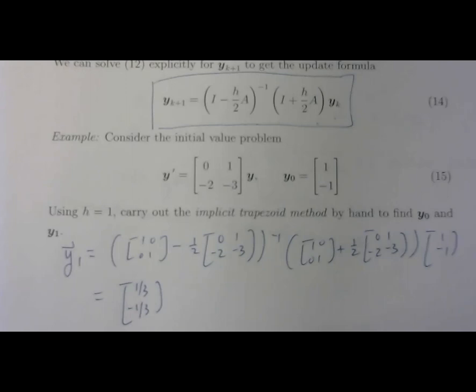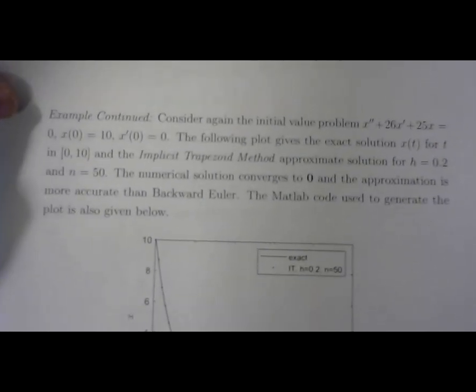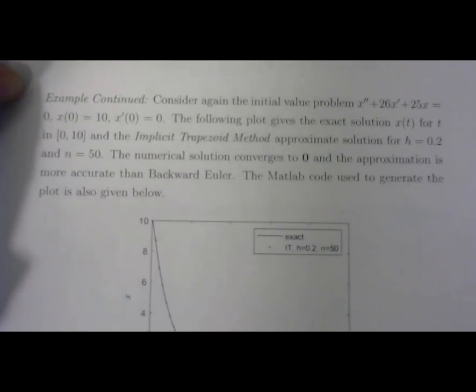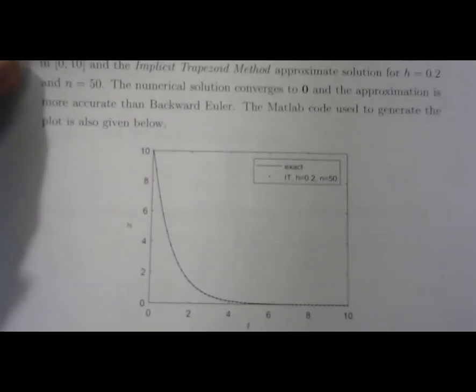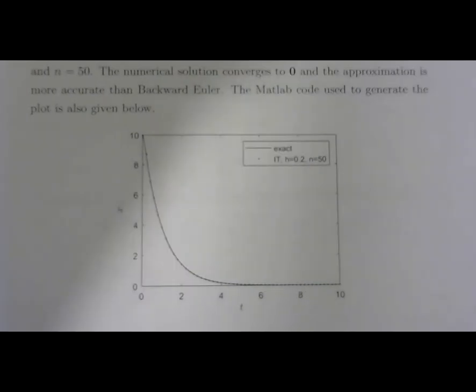Let's take a look at the example that we've been doing. We'll plug it in, not just look at one point here, not y1. Let's take a look at a bunch of time values. So same differential equation as we've been doing before. Now I'm going to approximate it with the implicit trapezoid, right? So just visually, as compared to the backward Euler, this looks better, right?